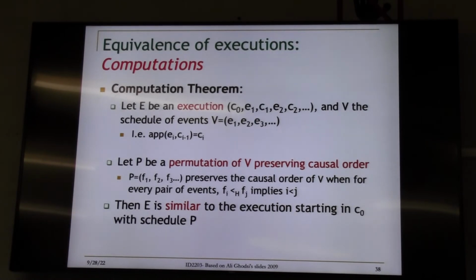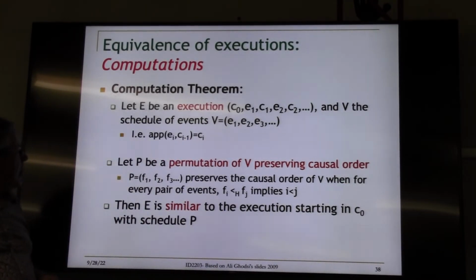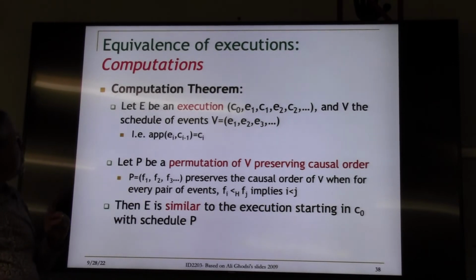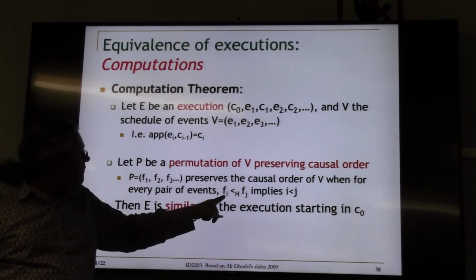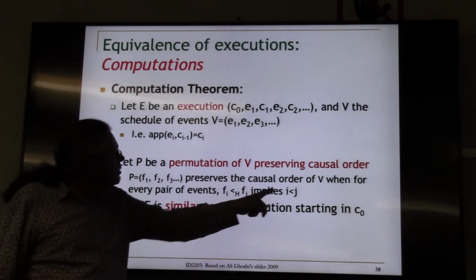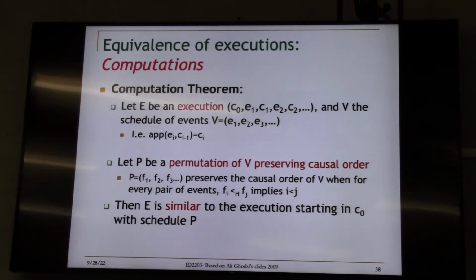You cannot travel backwards in time. So V, of course, is respecting that. But assume that P also respects that: if Fi happens before Fj, then Fi will also be before Fj. So I'm not breaking causality.